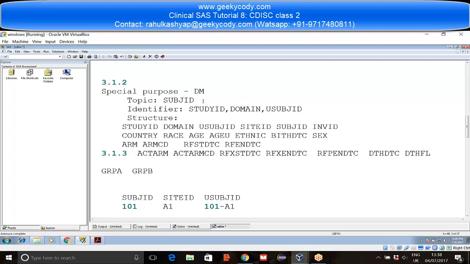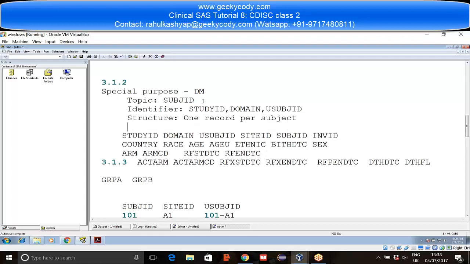Structure here is one record per subject. That means in this DM domain, if you have 100 observations, that means 100 subjects are there. Each and every subject should have only one record. Do you understand?